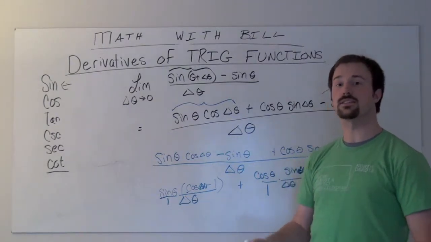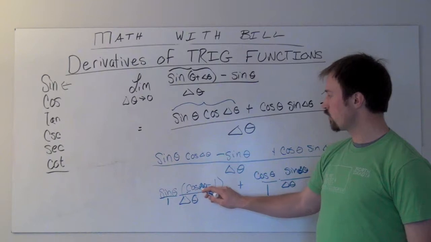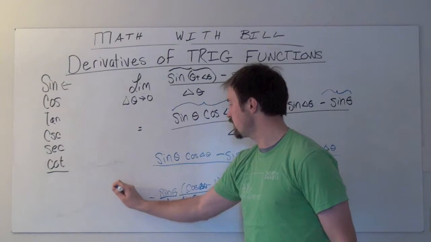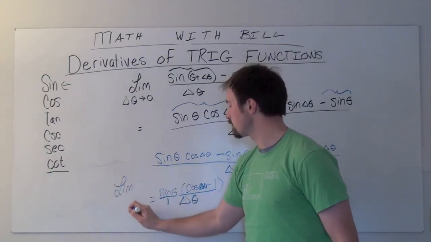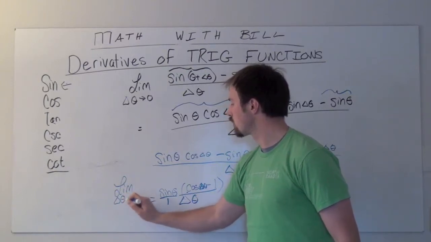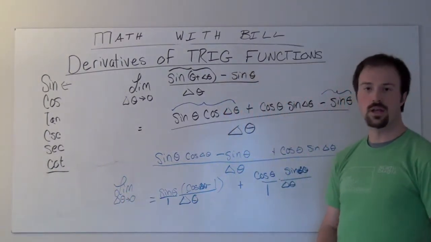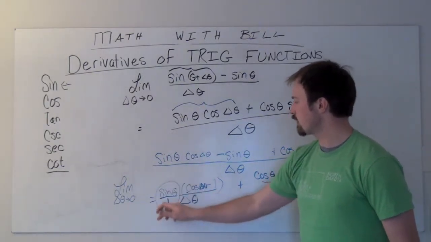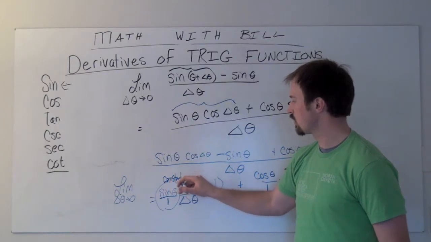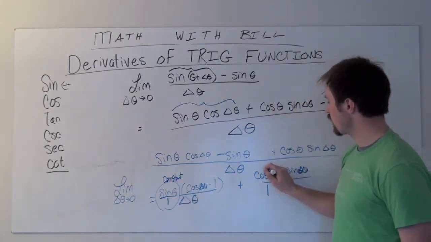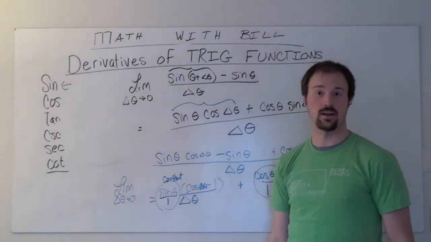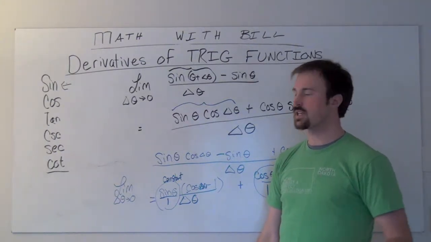The reason I do that is the only two terms that can change are the ones involving delta theta, because it is this piece that we want to take our limit of. So sine theta here is more or less a constant, because this, as well as our cosine theta, will not vary as delta theta varies. Let's keep that in mind.